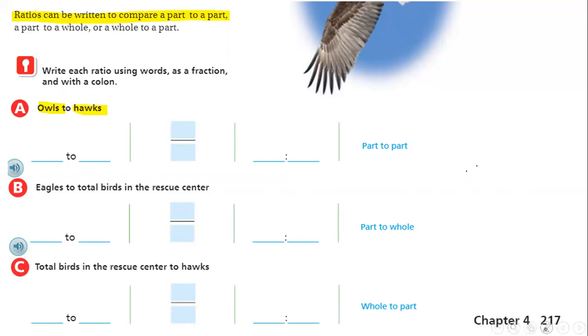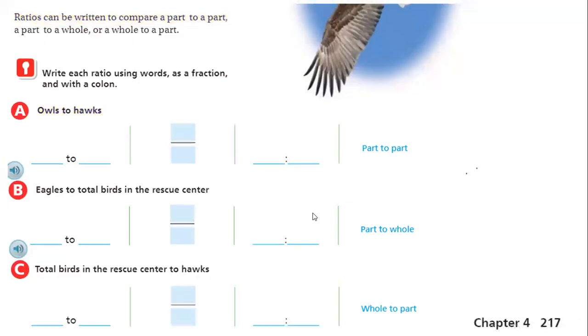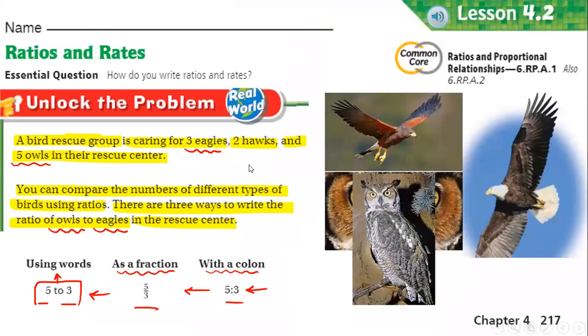Okay, and the number of hawks? Muhammad. Hawks, can you see? 2. There is no 4, Muhammad. It was 5. 5 and 2.